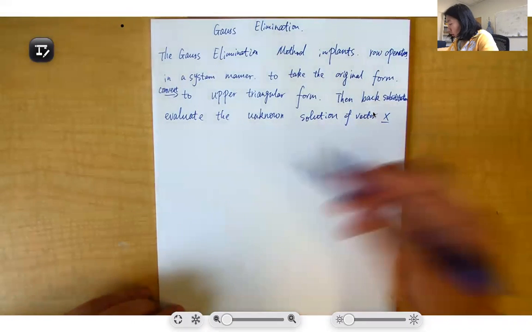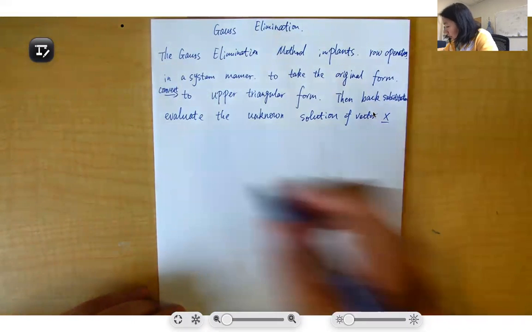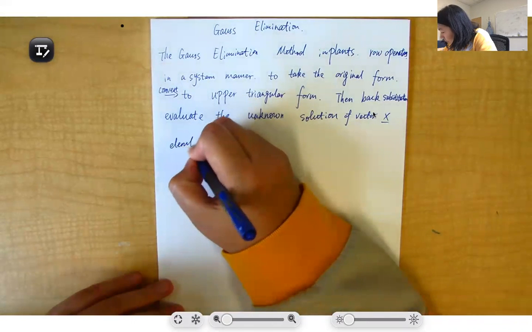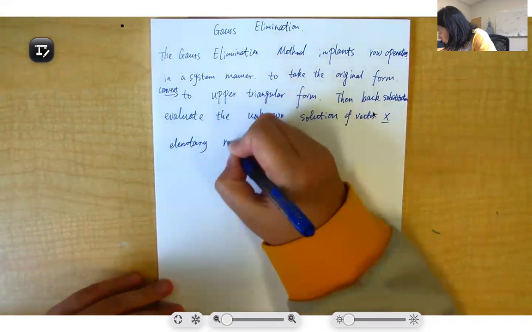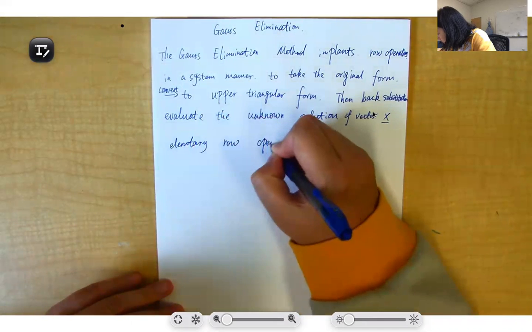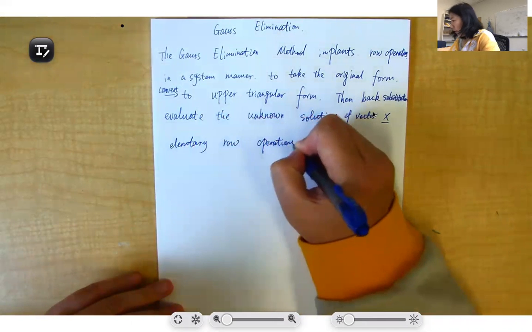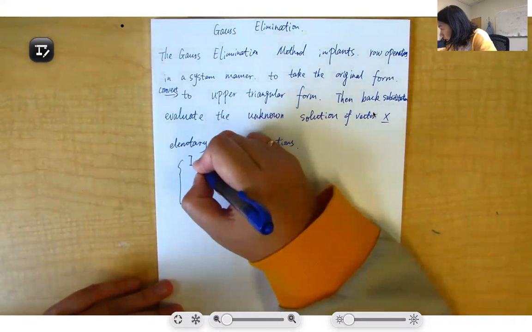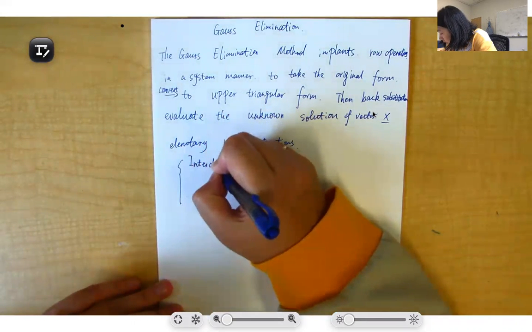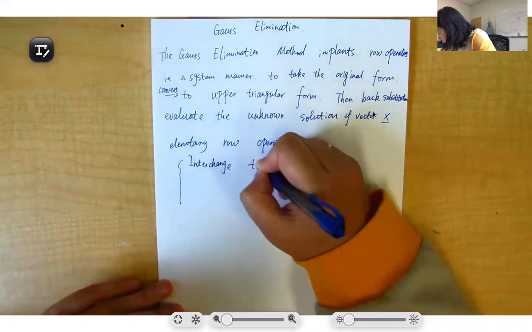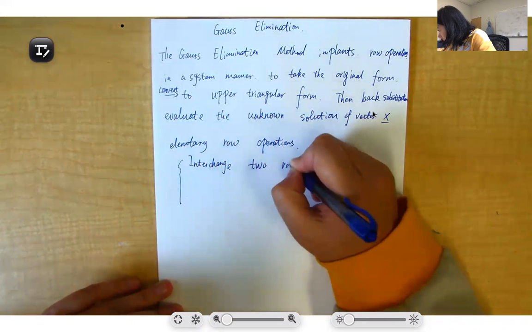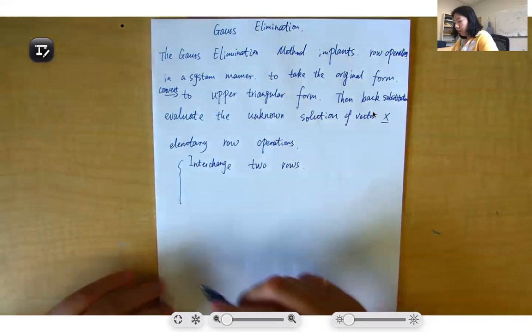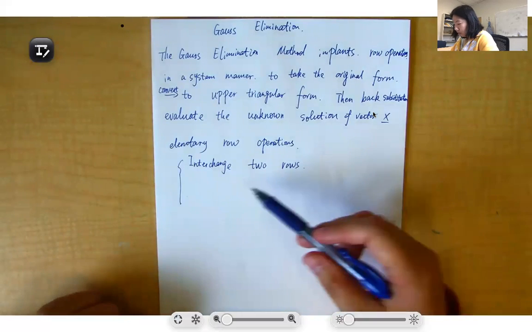Talking about the row operations, the elementary row operations can be: interchange two rows, that is one of the row operations.